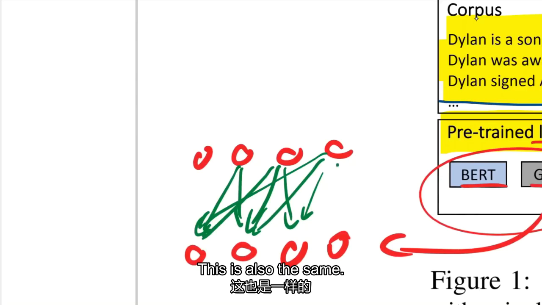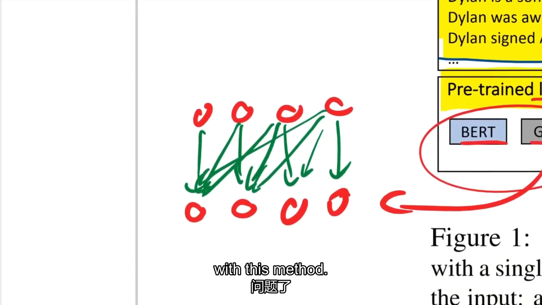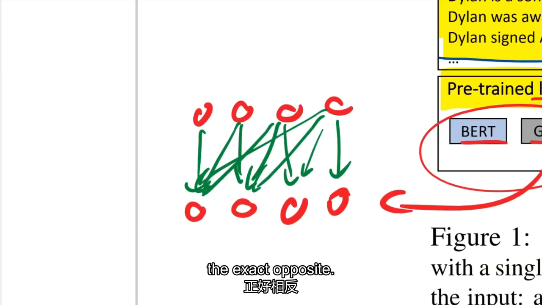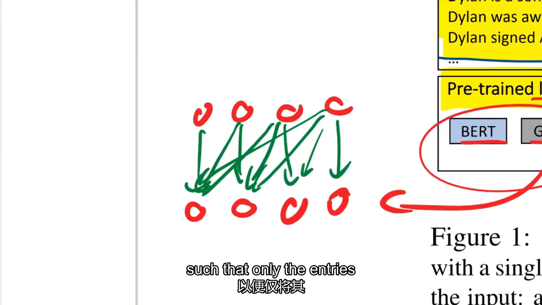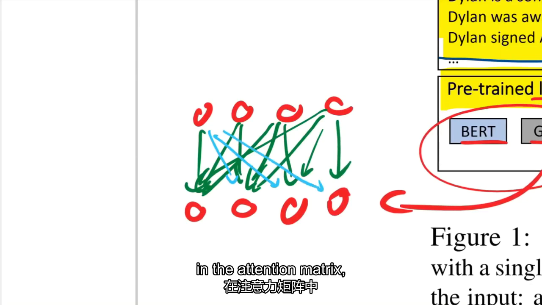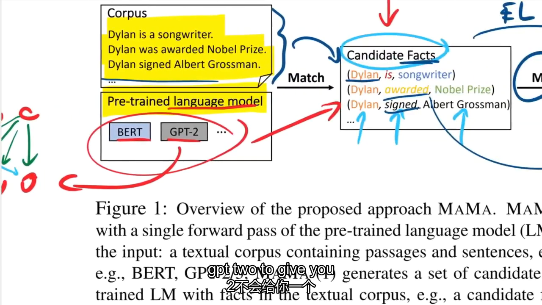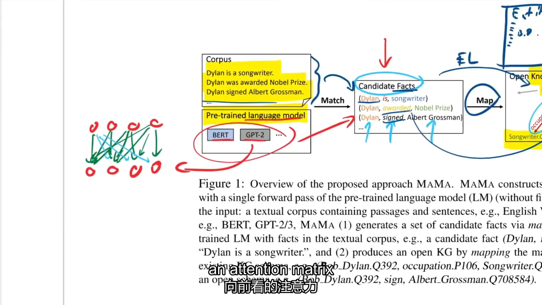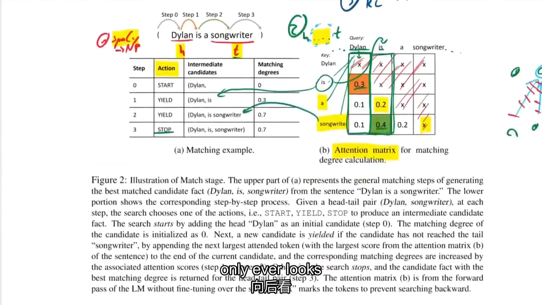You see the problem with this method is the exact opposite. Each token's attention matrix is deleted such that only the entries ahead of it are in the attention matrix, right? You don't actually get GPT-2 to give you an attention matrix that looks ahead because it only ever looks behind.